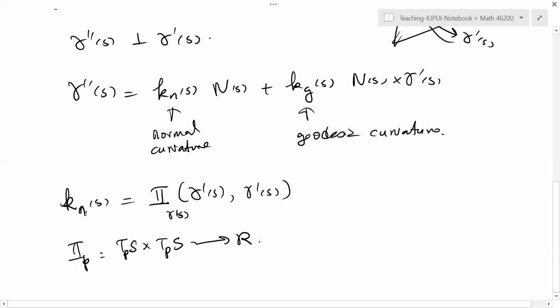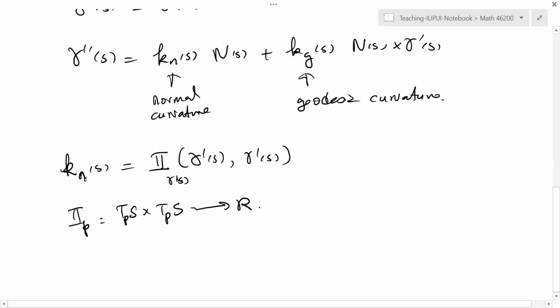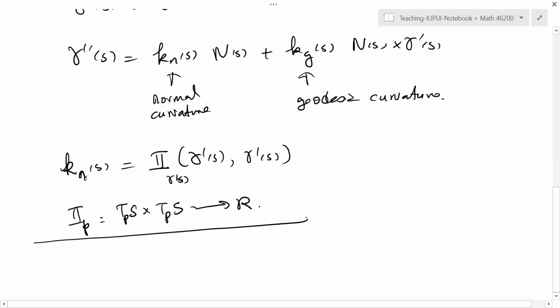If you choose the opposite direction of the normal vector, then you get a negative sign. So that only depends on the choice of the normal vector. We already studied this. Using a surface patch, you can compute the normal curvature of the curve using L, M, N, the coefficients. So I'm not going to spend time on the normal curvature.